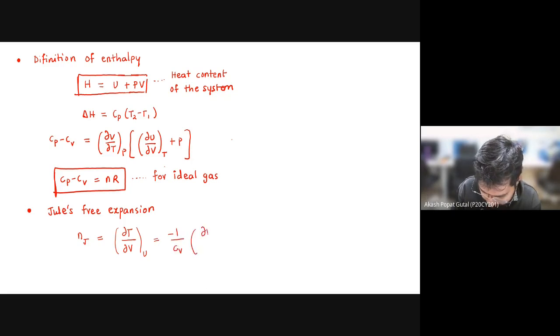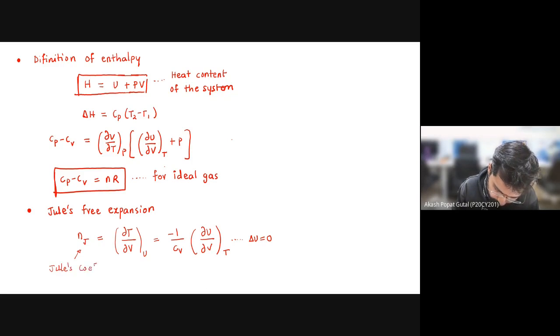In Joule's free expansion, we defined the Joule's coefficient, which is nothing but del T by del V at constant internal energy, which is minus 1 by Cv del U by del V at constant temperature, which ensures you that del U is 0. So this is called Joule's coefficient.